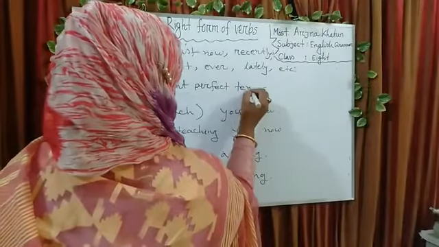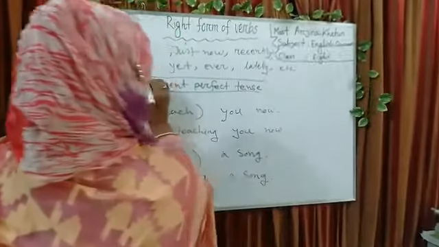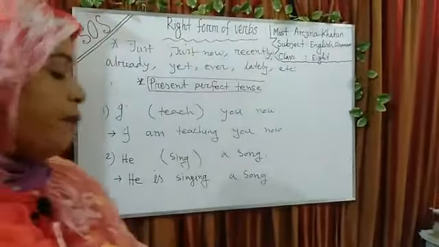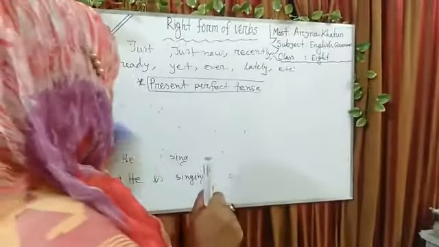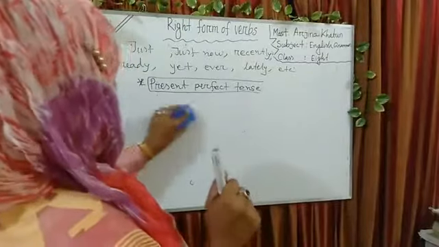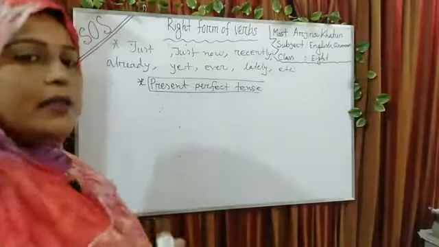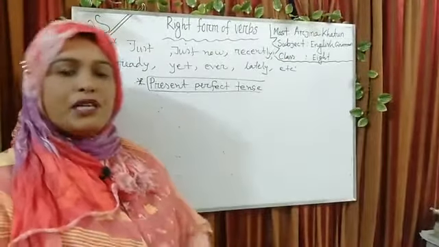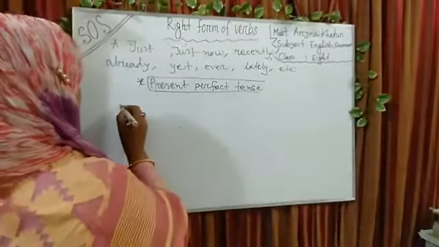My dear learners, I hope everybody knows that present perfect tense's helping verb is have or has, and its main verb is the past participle form, the third form. My dear learners, example.